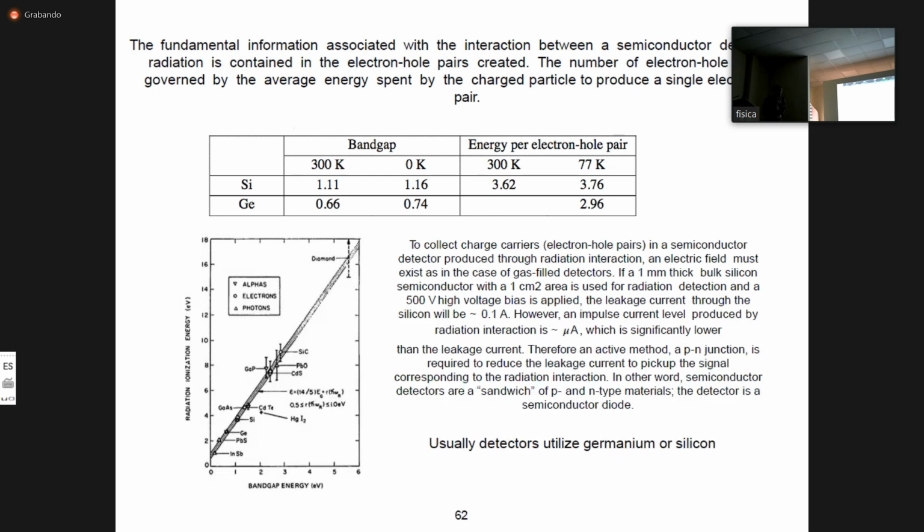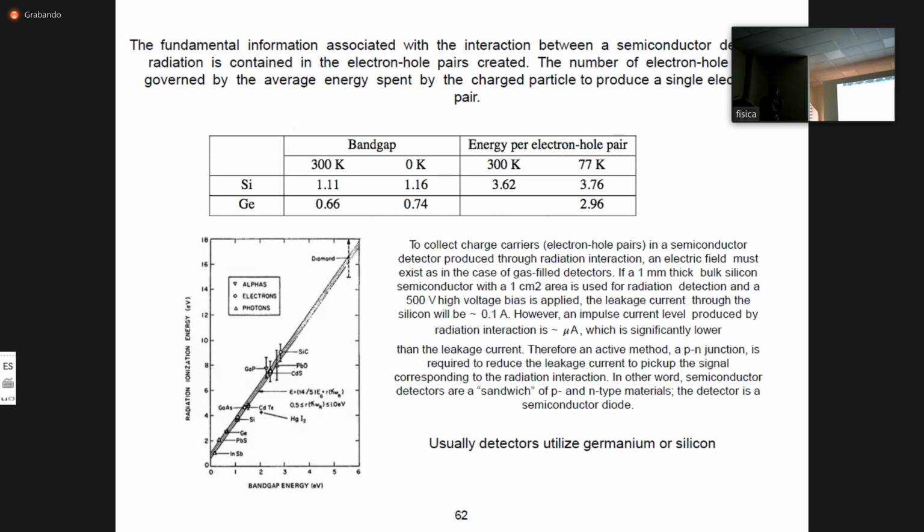Instead of electrons and ions, you have electrons and holes, which also drift under the influence of the electric field to the opposite electrode. Then, by the same technique as for ionization chambers, you collect this electric charge. This allows you to get an amplitude, and then again you can convert it into the energy of the initial particle.